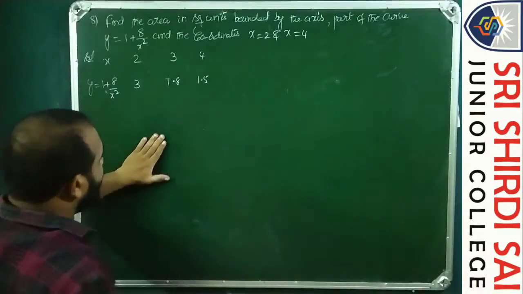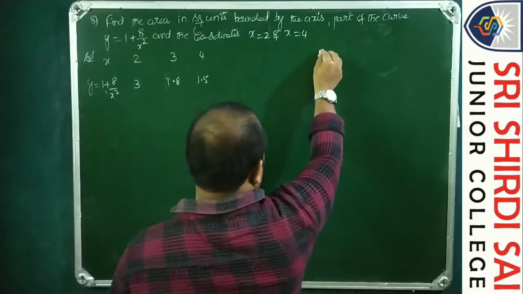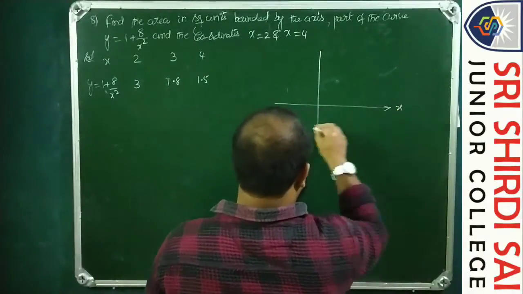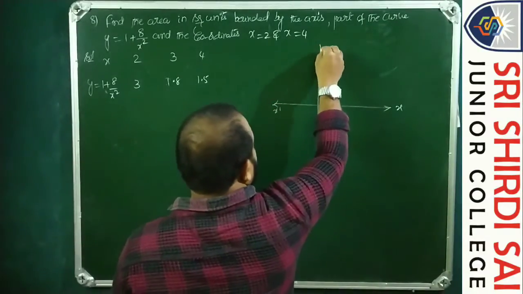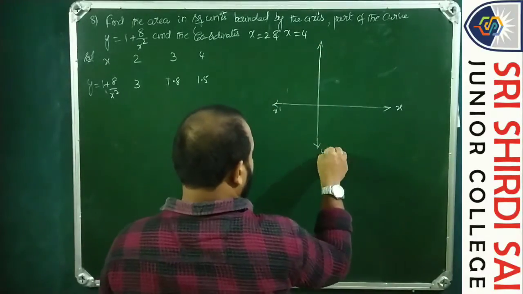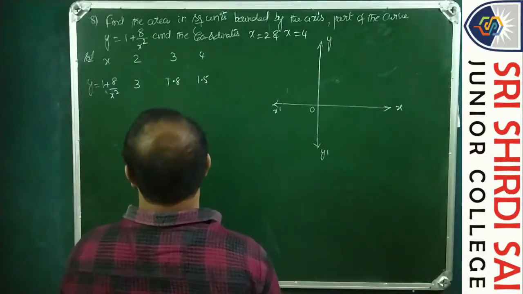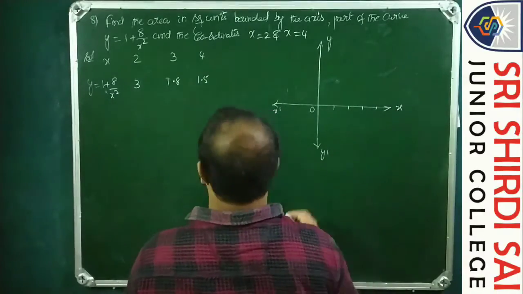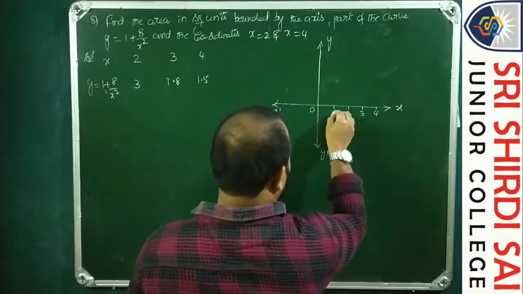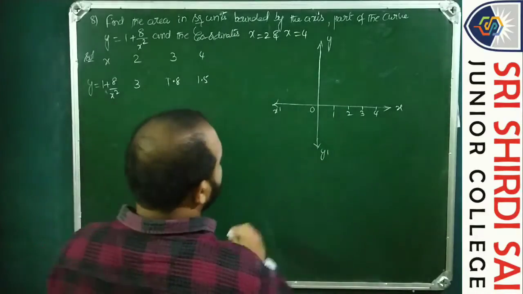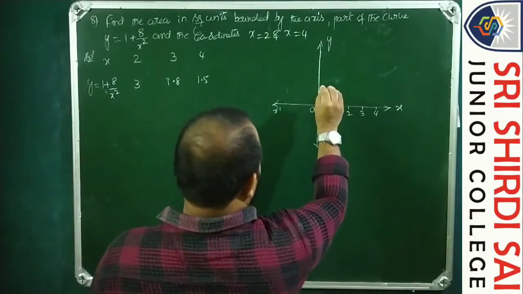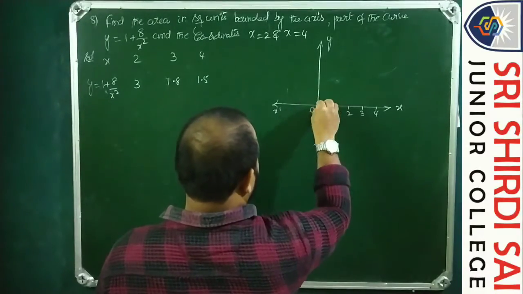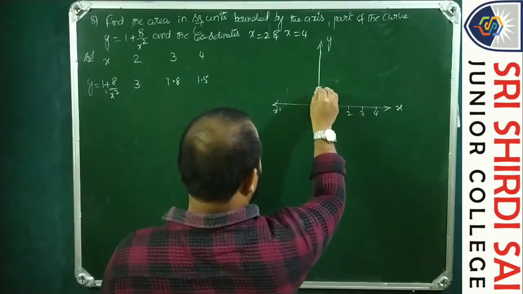Therefore, let us plot the diagram of this. This is the positive x-axis, negative x-axis, origin. Now this is 1, 2, 3, 4, and this is 1.